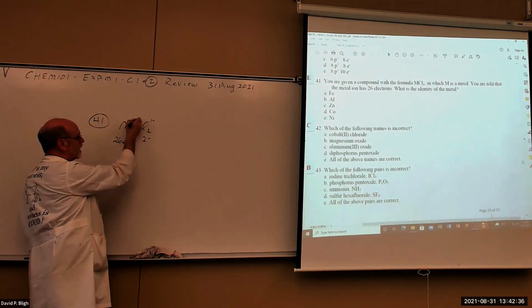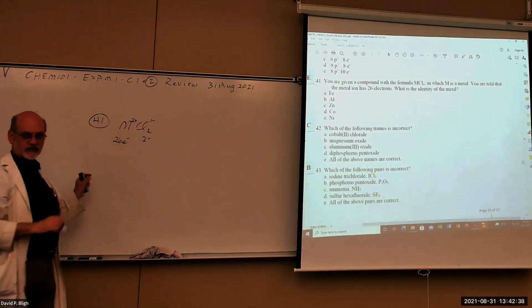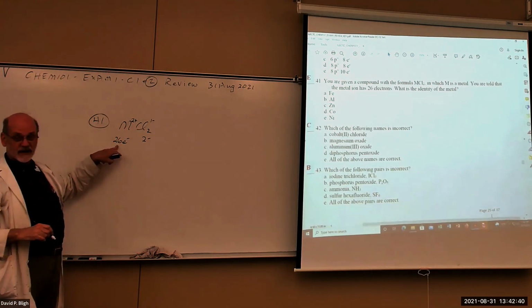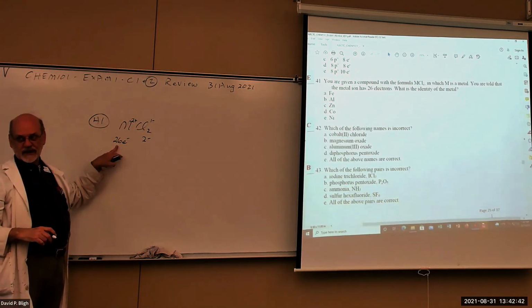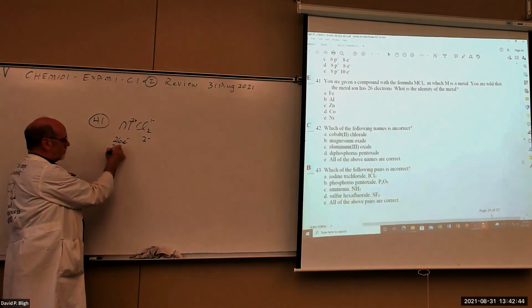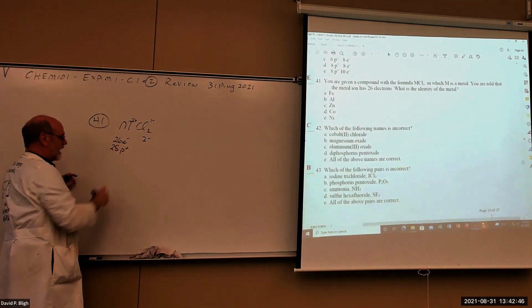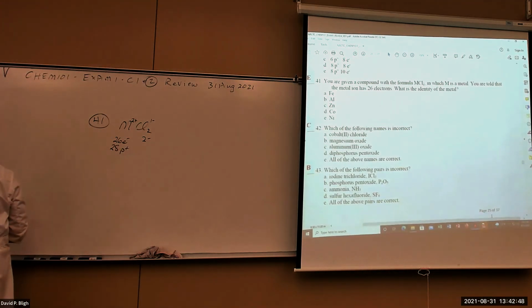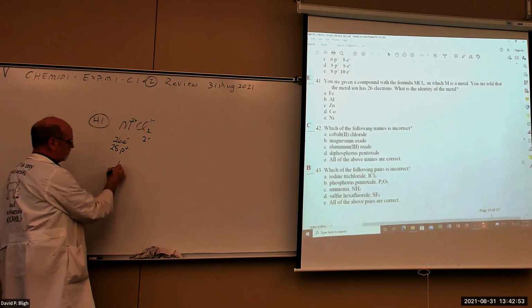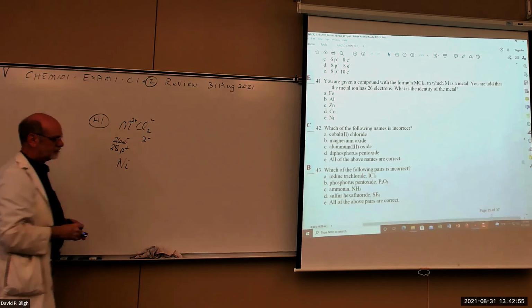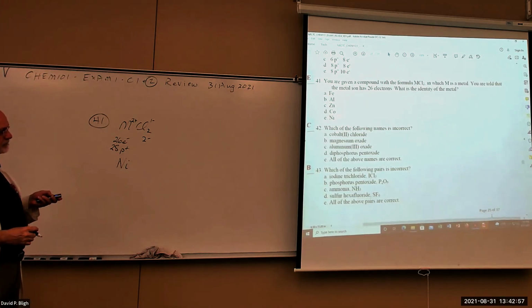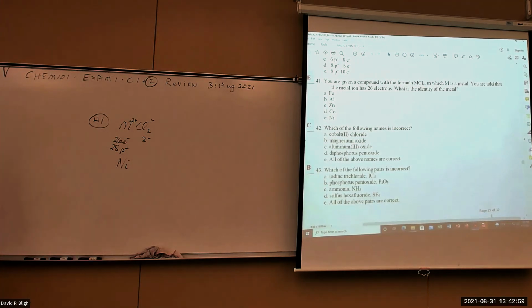That means it's a 2 plus. How did it get to be a 2 plus? If it's only got 26 electrons, it must have 2 more protons than that. Now we can find out what it is. We just look, follow right along. Nickel. It's a detective game.